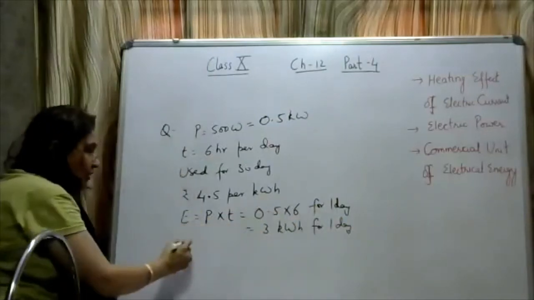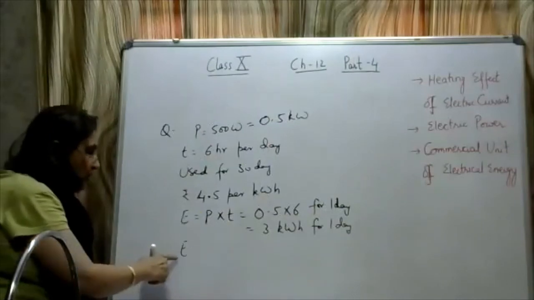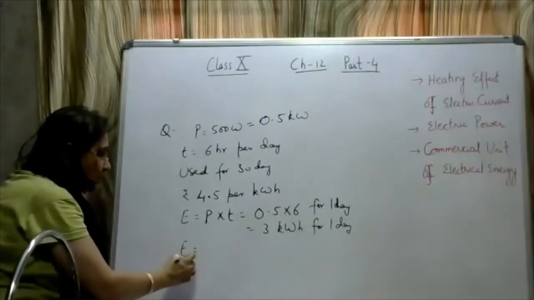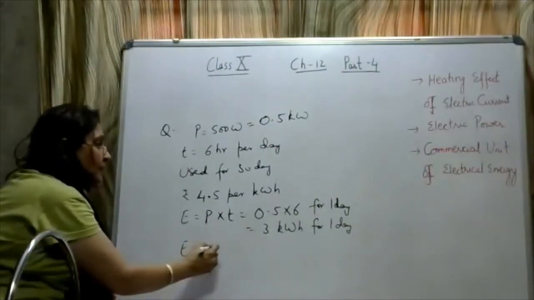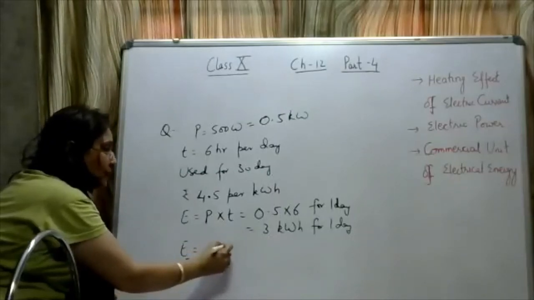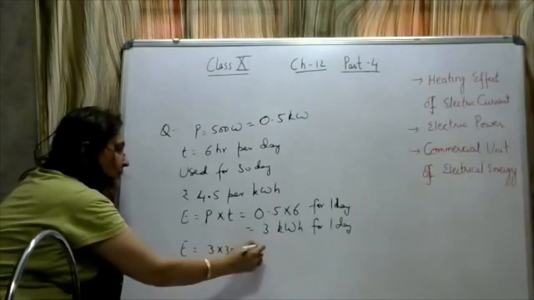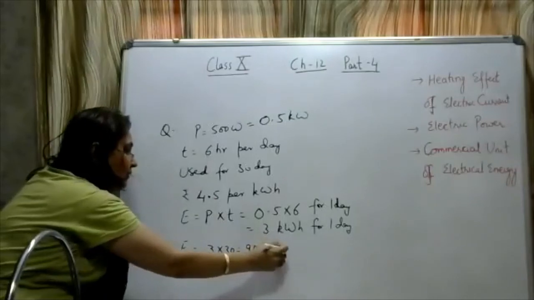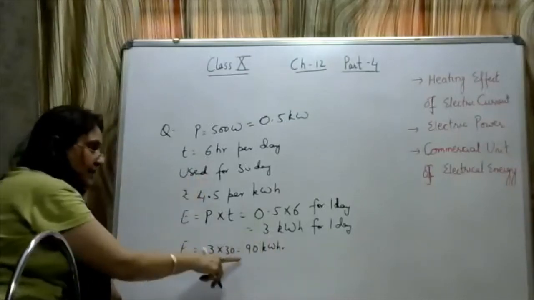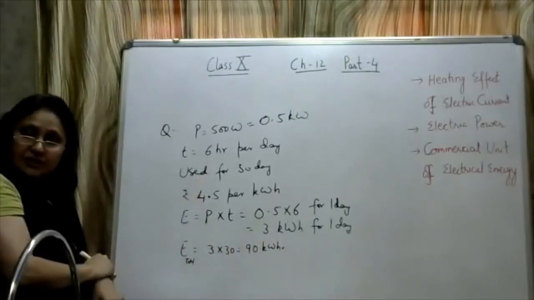Now it is used for 30 days. For 30 days, the total electrical energy used will be equal to 3 kilowatt hour into 30 days, that is 90 kilowatt hour. So in 30 days, this much electrical energy is consumed.